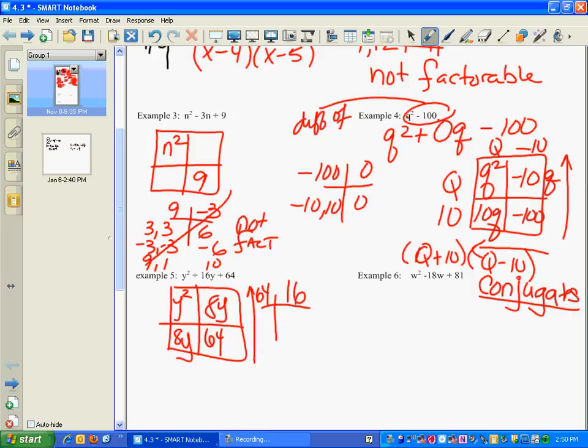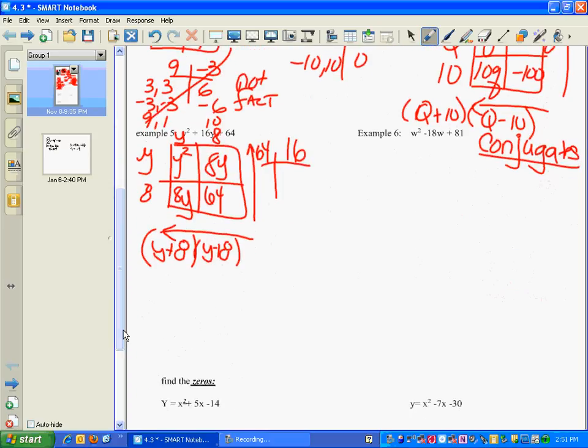So moving up, my right column gives me a common factor of 8, and my left column a common factor of y, and my top row a common factor of y, and my bottom row a common factor of 8. This is y plus 8 times y plus 8. If you leave it like that, I'll count it wrong, or I'll take a point off, because we always want it simplified. All right, Mackenzie, go for it.